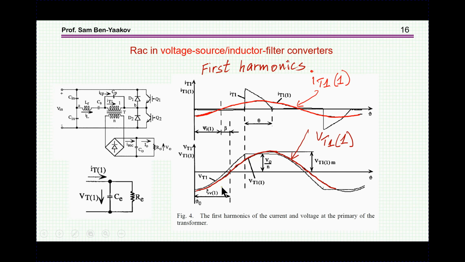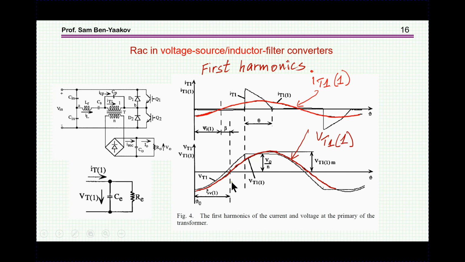And the same thing we do with the capacitor current, which is originally a clamped waveform, and we approximate it as a sinusoidal waveform. So we have now two waveforms: one is the current, first harmonic, and then we have the voltage, first harmonic.